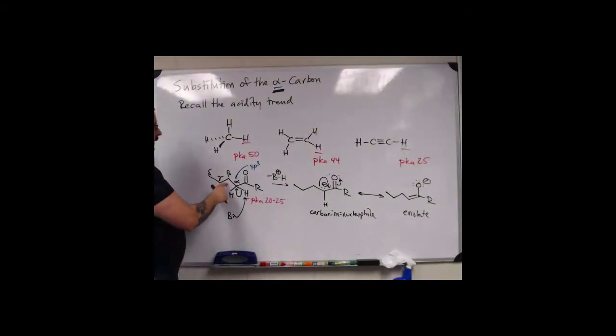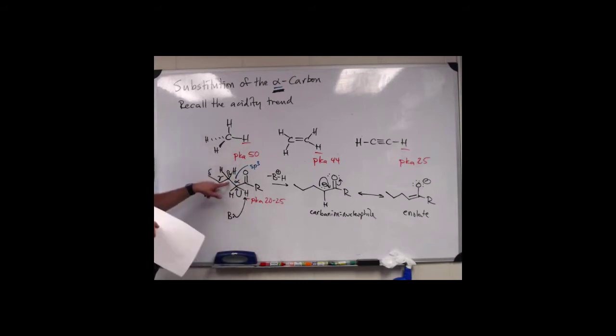So how can we ingrain that into our thought process here? So again, this is the rest of this chain. This beta carbon has 2 hydrogens as well. These hydrogens resemble the acidity of a standard sp3 hybridized carbon. So the pKa of these hydrogens are 50.